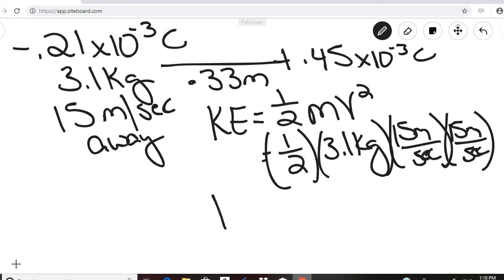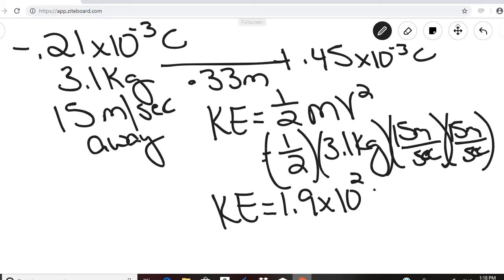So the kinetic energy will be equal to... Oh wait, I'm sorry, I'm on the wrong problem.